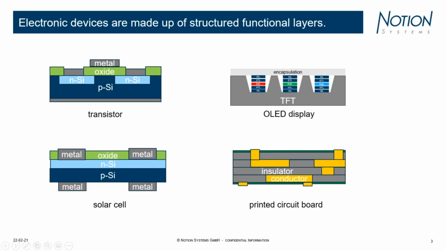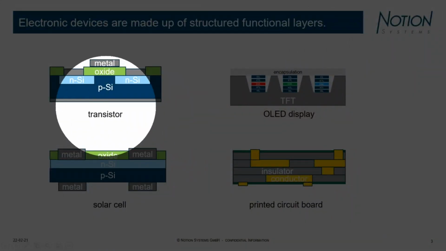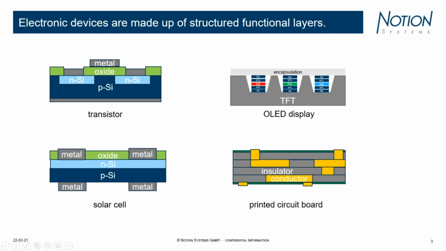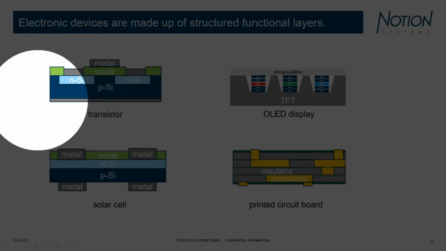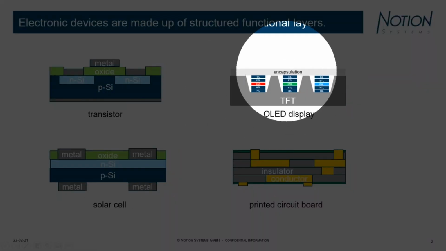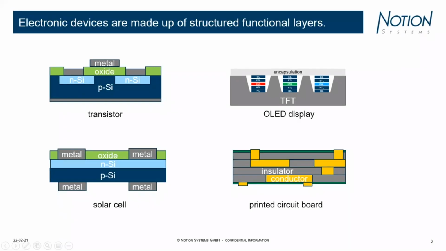Be it the PN junction and oxide and metal layers in a transistor, in a solar cell, or the organic electronic layers in an OLED display, or the seemingly simple conductive and isolating layers in a printed circuit board. They're all functional, structured layers.